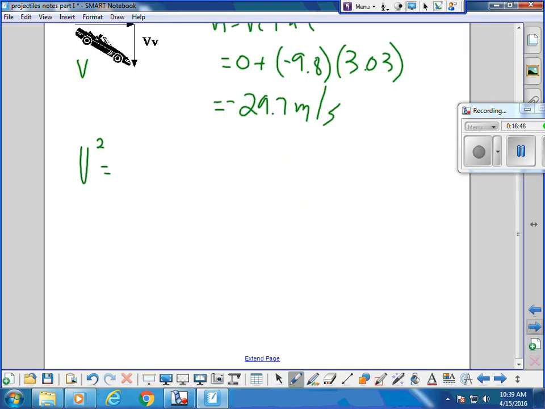V squared is going to be, I guess technically I should write, VH squared plus VV squared. And that would be Pythagorean theorem, 24 squared plus 29.7, not 3. 29.7 squared.